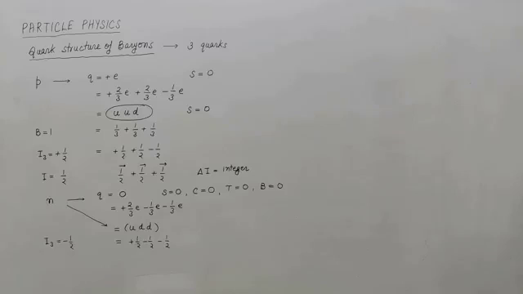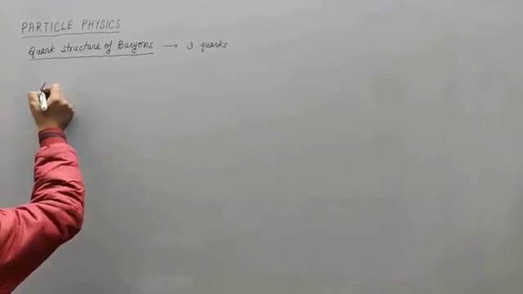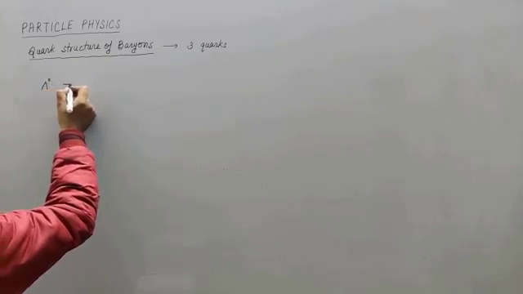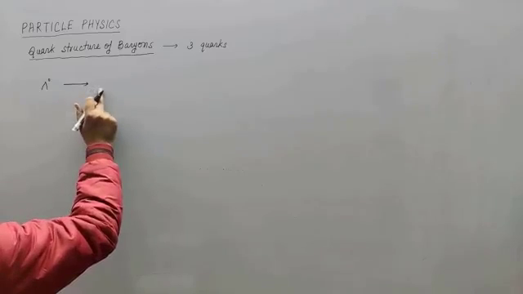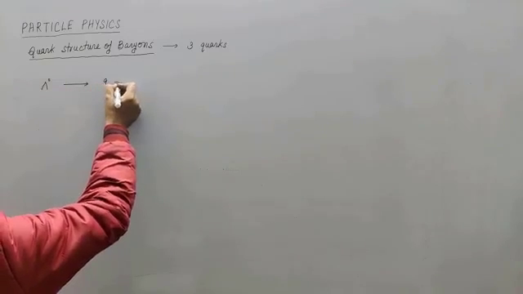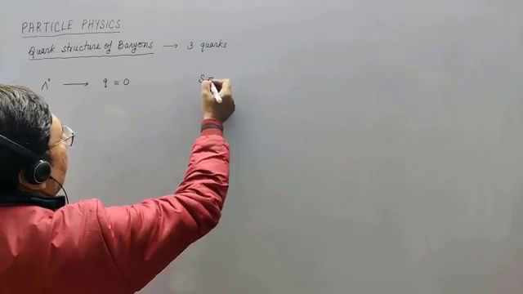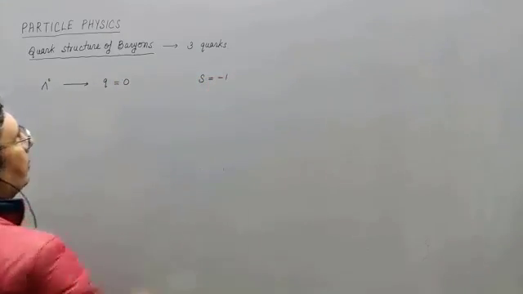Now come to lambda naught. So first thing, what is the charge on this lambda naught? This is 0. What is the strangeness number of this lambda naught? That is minus 1.